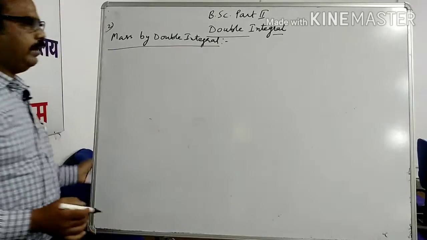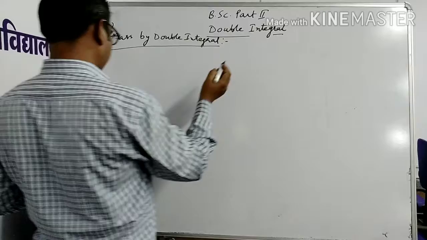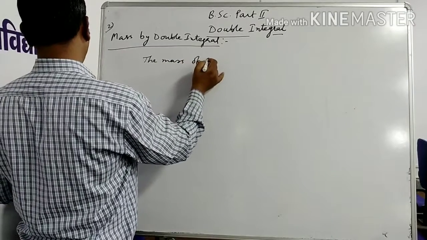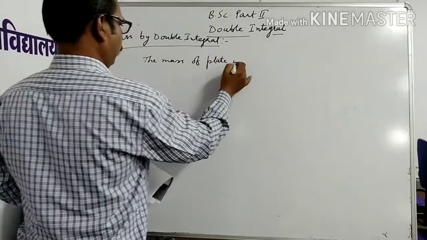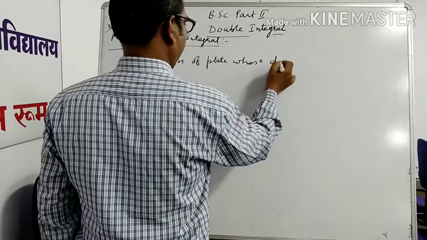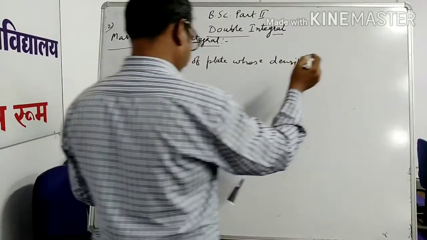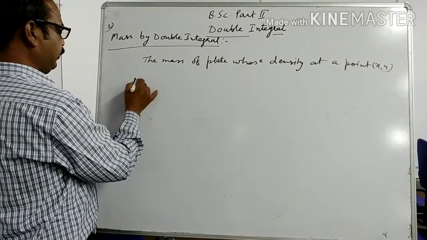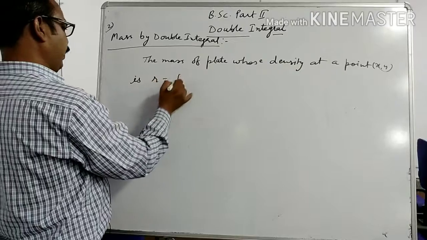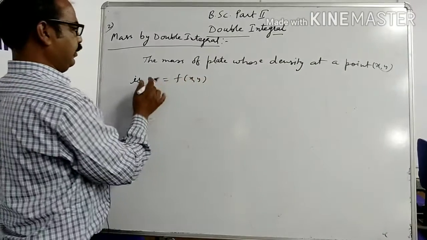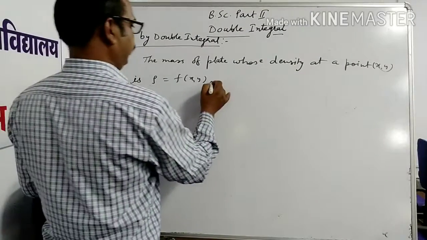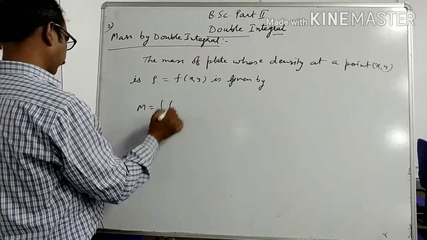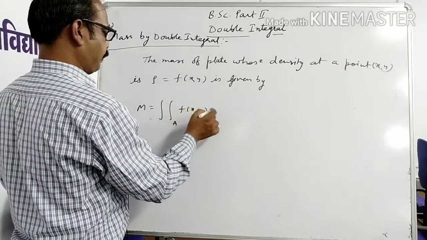To find the mass by double integral, let the mass of a plate whose density at a point (x,y) is rho equals to f(x,y) be given by m equals to double integral of f(x,y) dx dy.